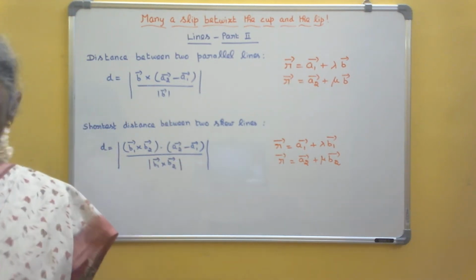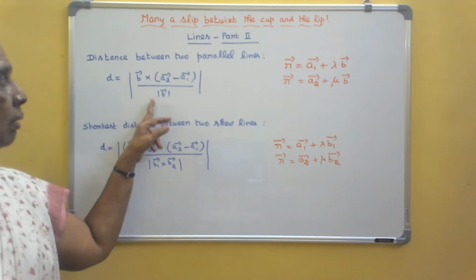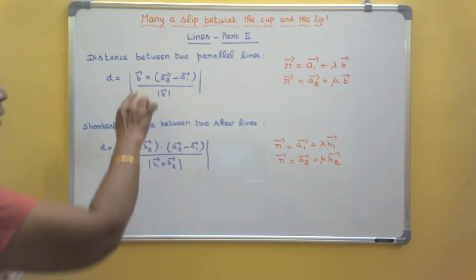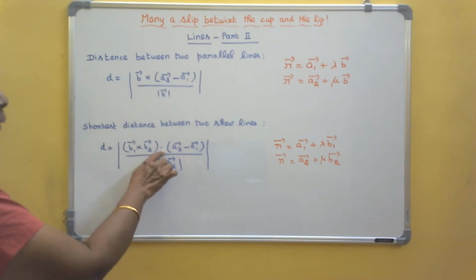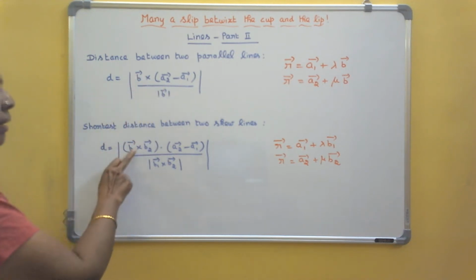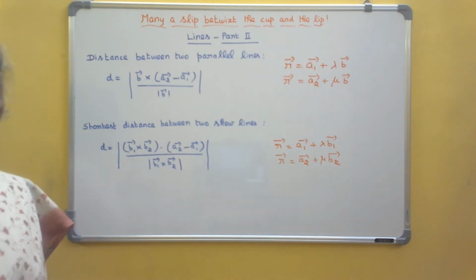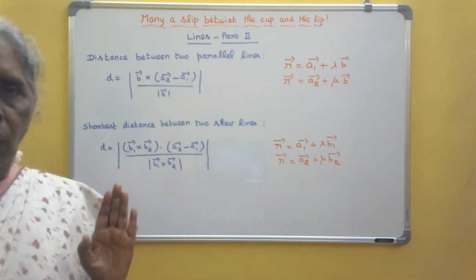Okay, so learn these two formulae together because here you have a cross, here you have a dot. Here you have only B vector, here you have B1 vector, B2 vector like that. So, learn them thoroughly. Okay.